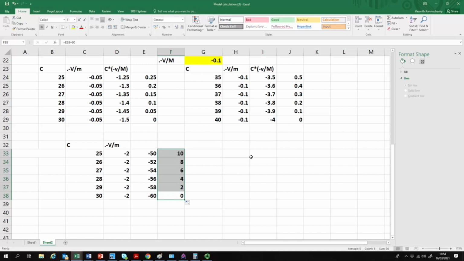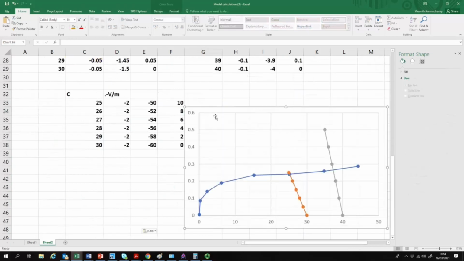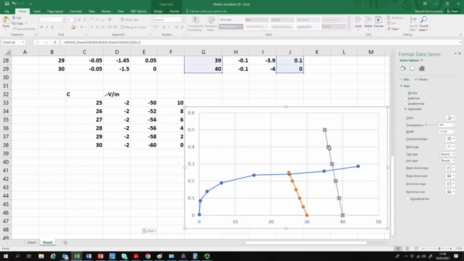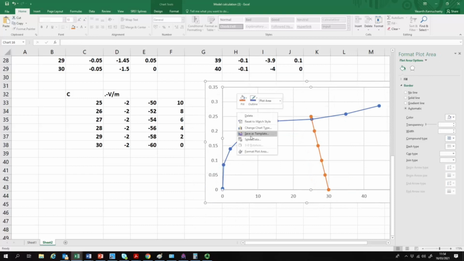Okay, let's plot it on this graph. Select data.